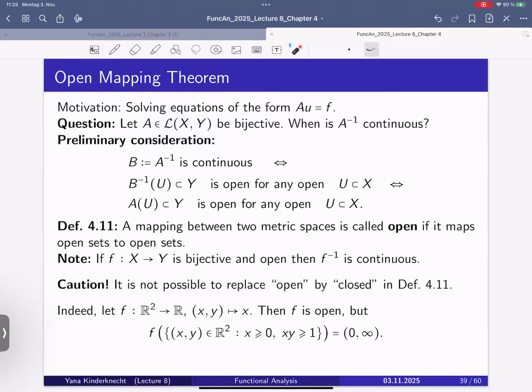So a counterexample. We consider a mapping F from R^2 to R, which is a projection on the first coordinate. And we consider this set. Since we have here such type of inequalities, one can show that this is a closed set.